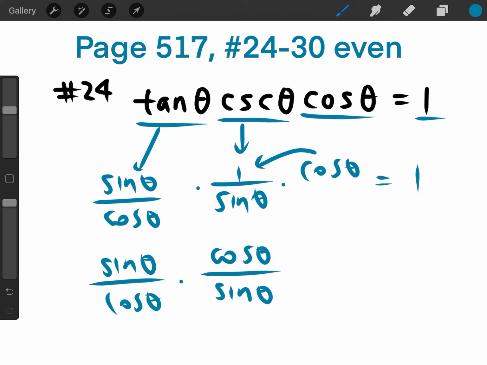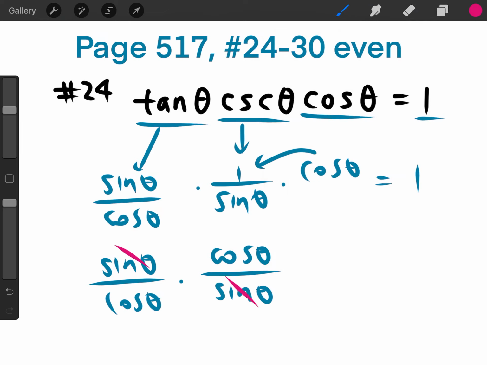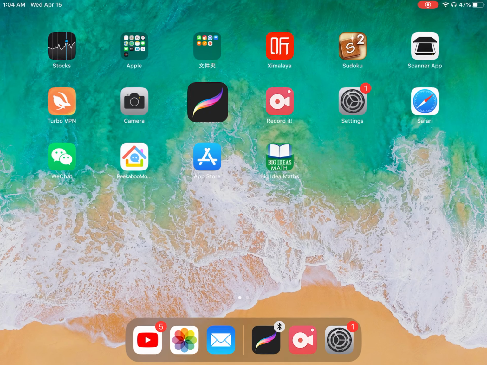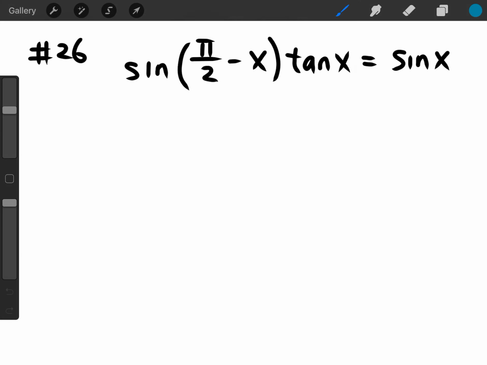So sine theta over cosine theta multiplied across by cosine theta over sine theta. When you multiply this, you see that you'll be able to cancel stuff out. So this is going to equal 1.